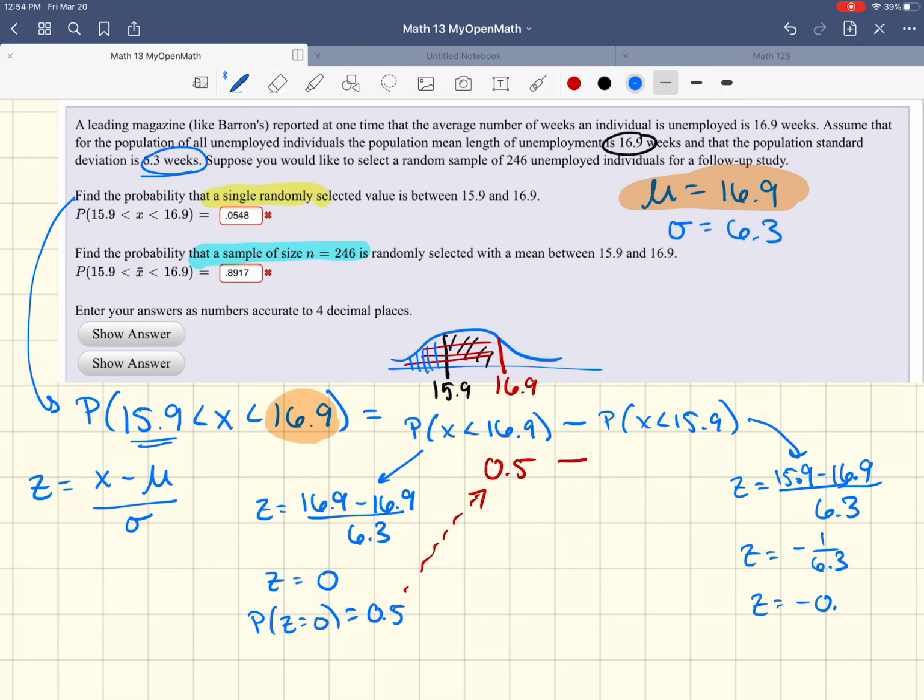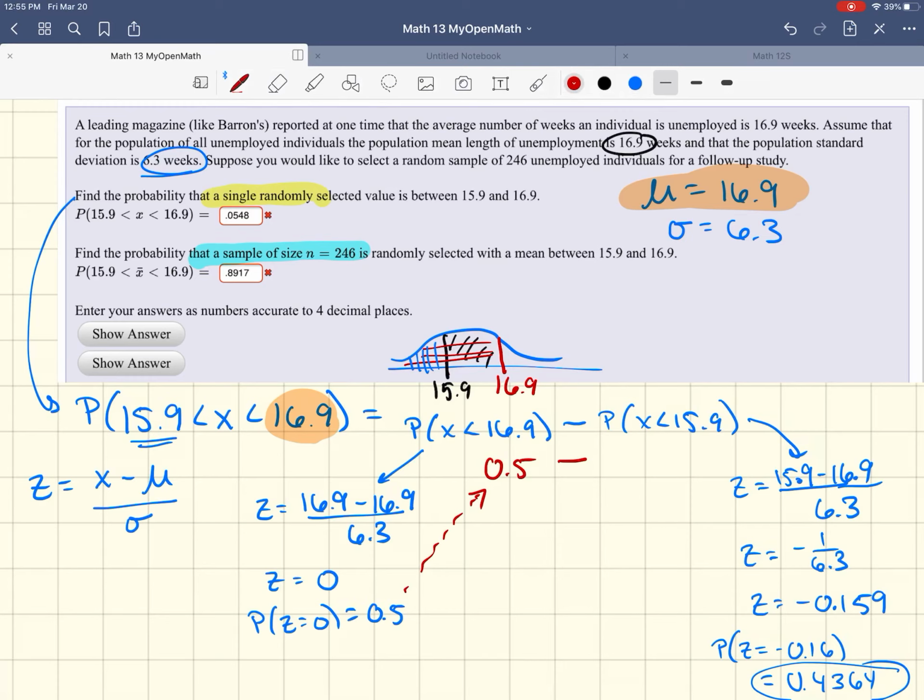Plugging that into the calculator, we get negative 0.159. The probability associated with that z-score, negative 0.159 or 0.16, is 0.4364, or at least close to that.